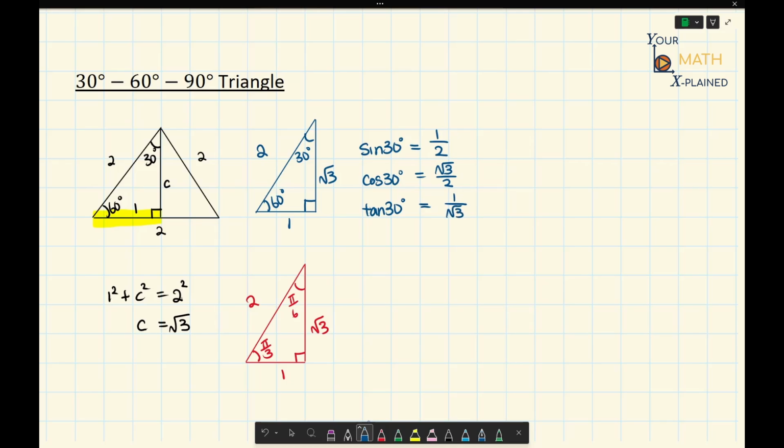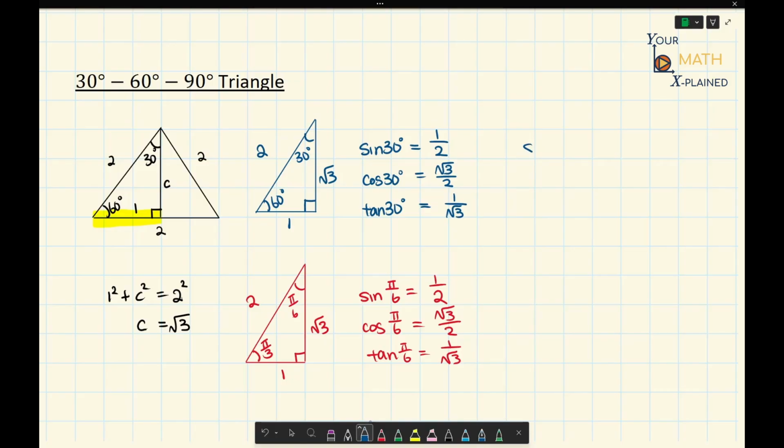The radian equivalent would be sine of pi over 6 is equal to 1/2. Cosine of pi over 6 is equal to root 3 over 2. And tangent of pi over 6 is 1 over root 3. And now let's go do the same thing with the other angle.